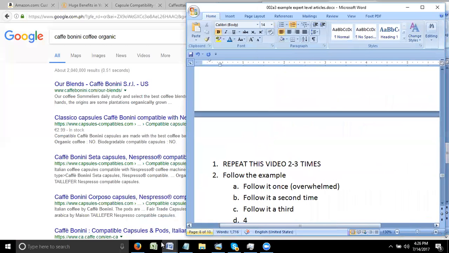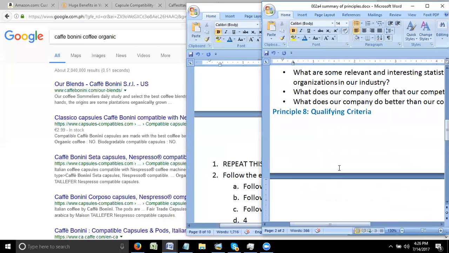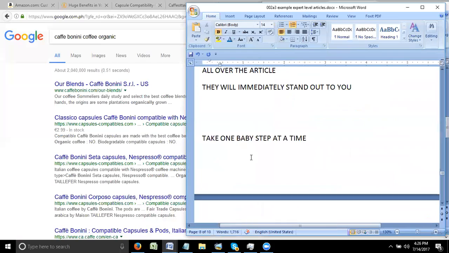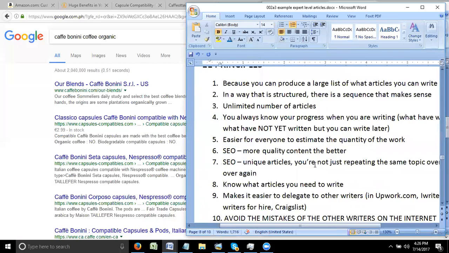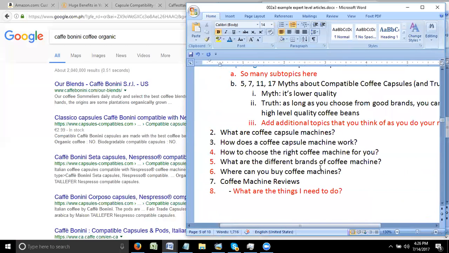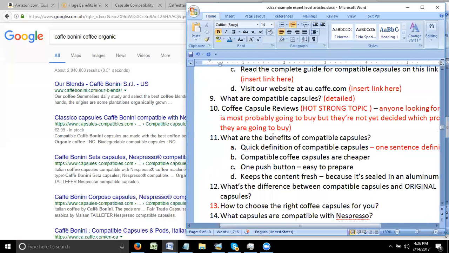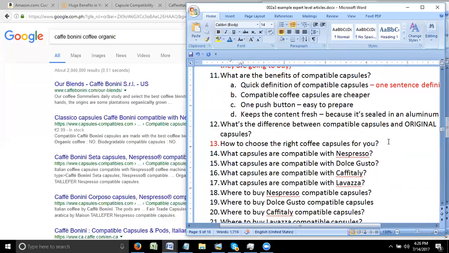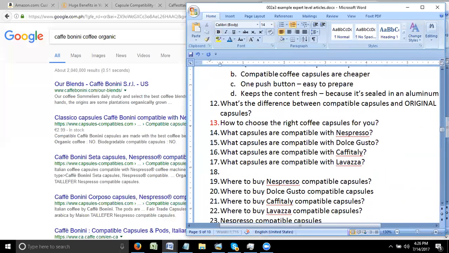Another question, I just had an idea. Let me add this here at the top. Coffee, what's the difference? Okay. What compatible coffee capsules are organic?